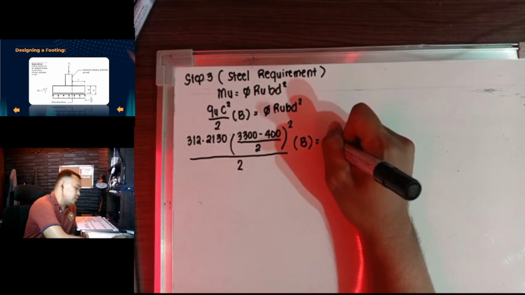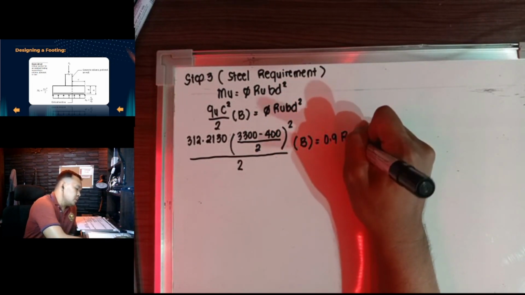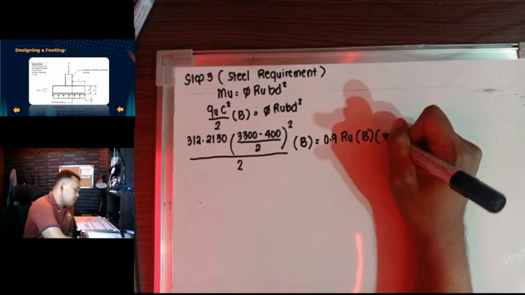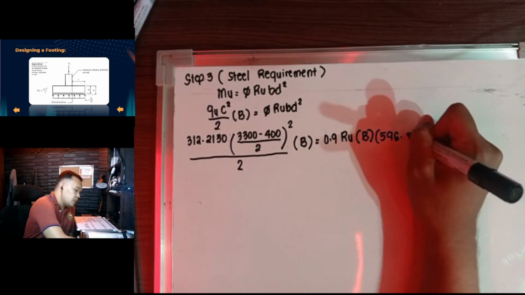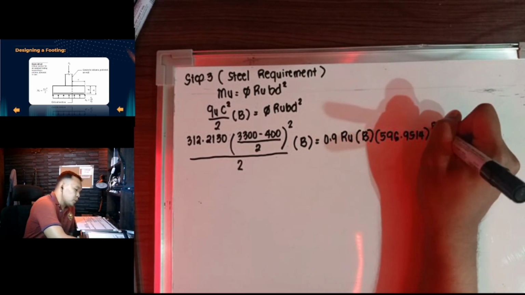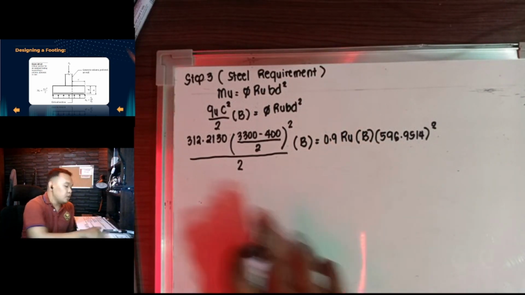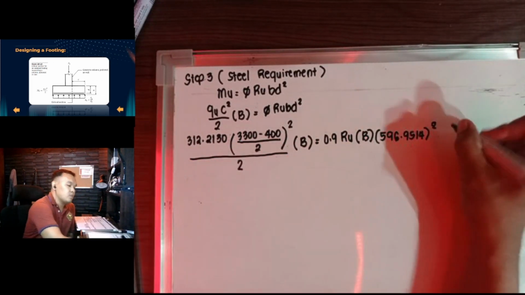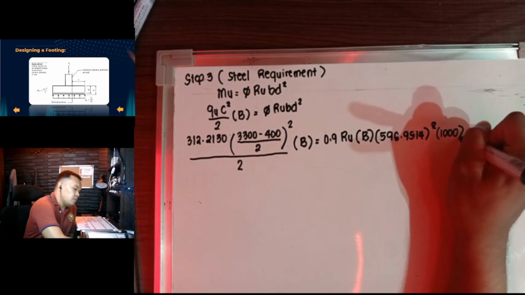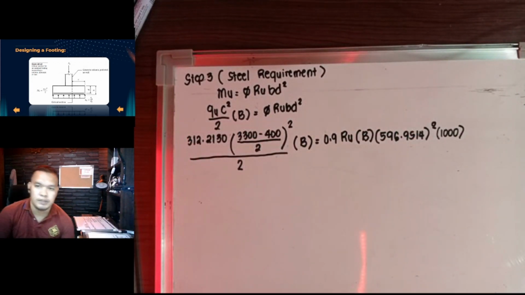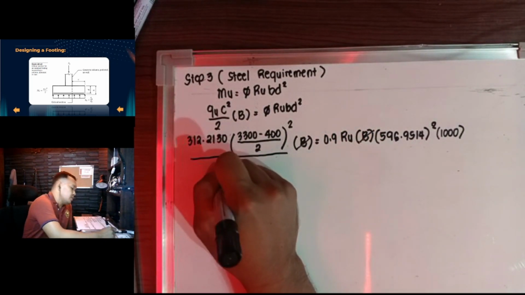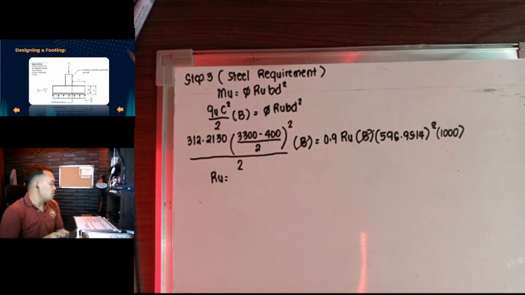Paki-take note po yan. 0.9 Ru times yung B times yung D, which is equivalent kay, ang D natin is 596.9514 squared. Okay. Times, again, ito ay naka MPa, mm lahat ng value natin dito, mm din to. So, mag-multiply ka ng 1,000 dito para ma-MPa po yung ano natin. 312.213. Okay, so cancel this B. So, we have here the value of Ru, which is equivalent kay, ano ko, kasya pa to.